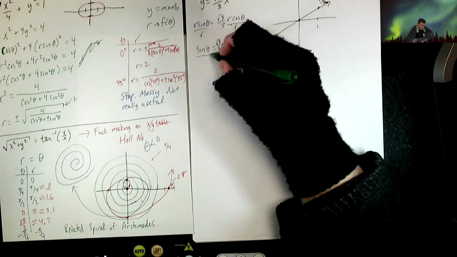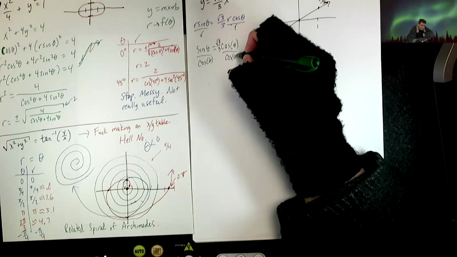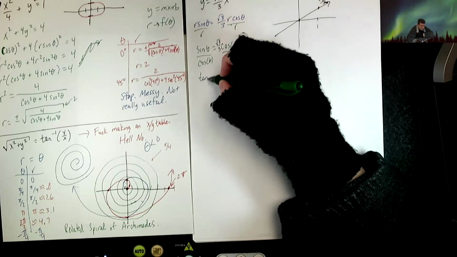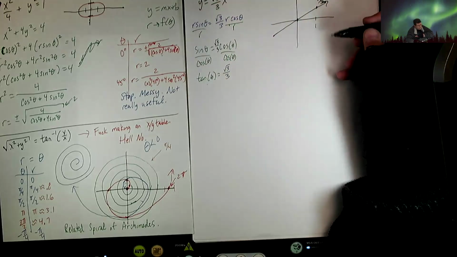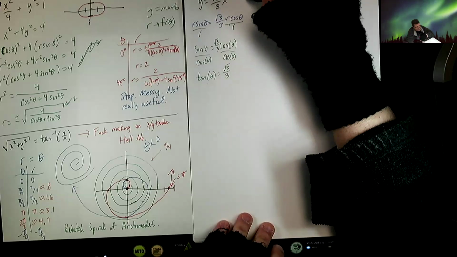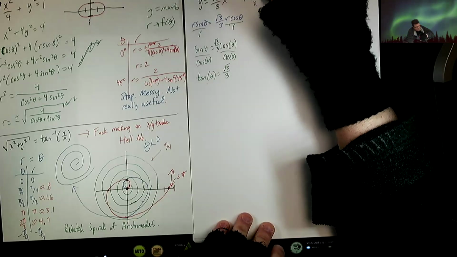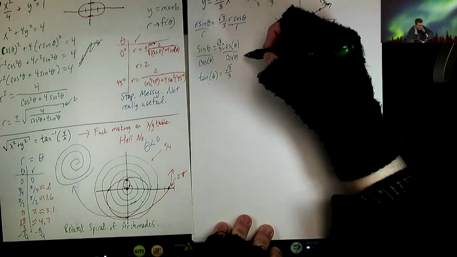If I divide both sides by cosine, I get tangent theta is √3/3. Which now in hindsight, I see I could have just done y/x equals √3/3 and made the substitution that way, because that's tangent theta.